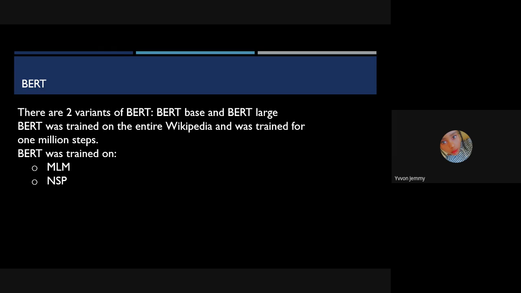As we have said, BERT was trained on the entire Wikipedia for 1 million steps. That is why it is performing very well, because you can imagine how many articles are in Wikipedia. After the first round of training, it was trained again and again for 1 million steps.